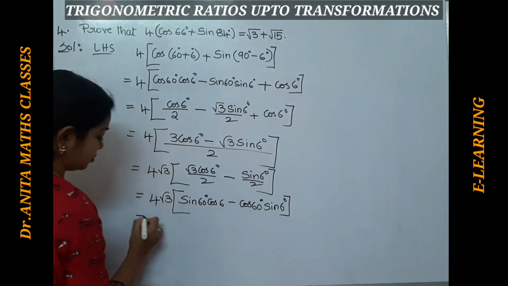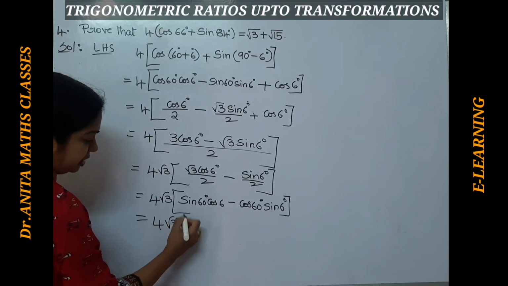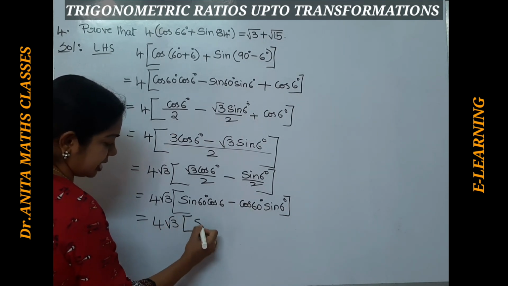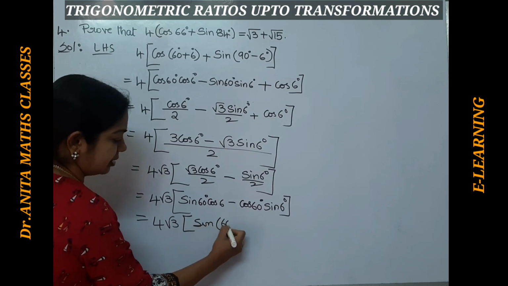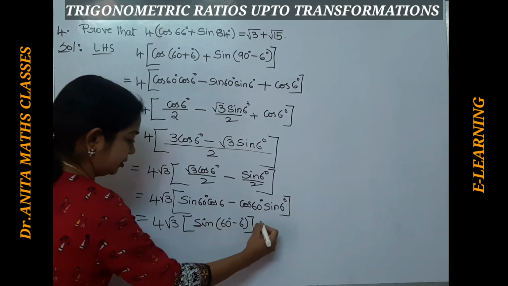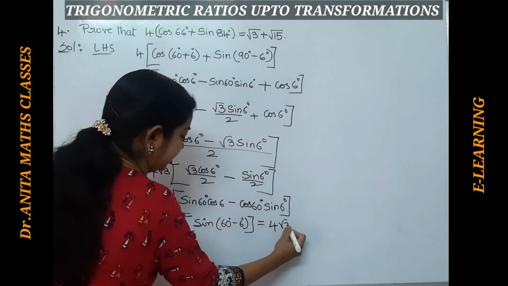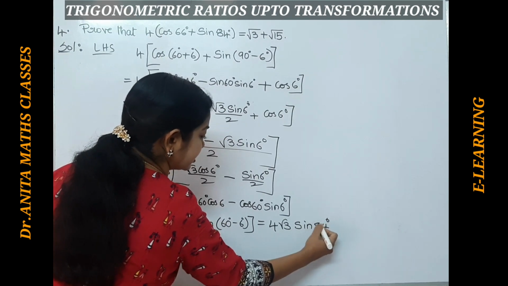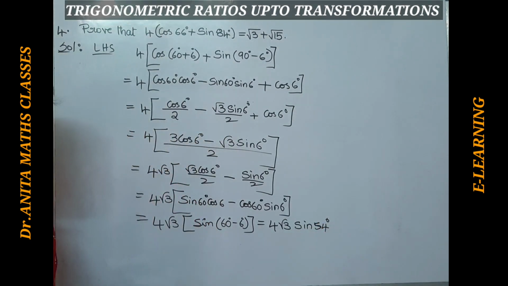So this becomes 4 root 3 times this, which is nothing but sine of 60 minus 6. So that is 4 root 3 sine of 54 degrees. 60 minus 6 is 54 degrees.